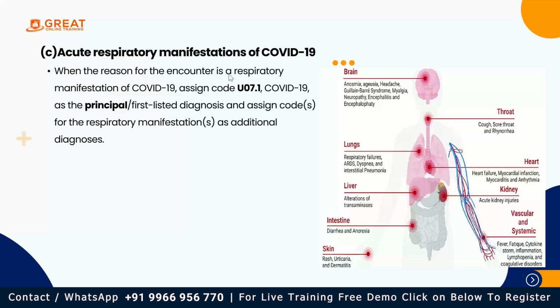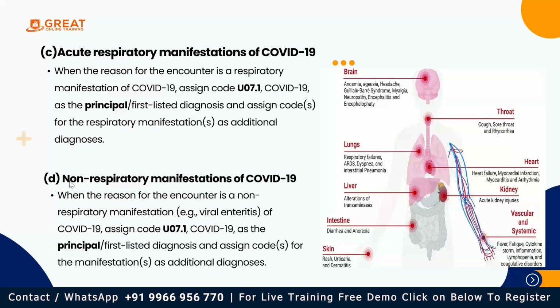When the reason for encounter is a respiratory manifestation of COVID-19, assign code U07.1 for COVID-19 as the principal diagnosis. For the respiratory manifestation, use an additional code. And for non-respiratory manifestations of COVID-19, when the reason for encounter is something like viral enteritis or encephalitis, or something other than lungs, again assign U07.1 as the principal diagnosis and an additional code for other manifestations.